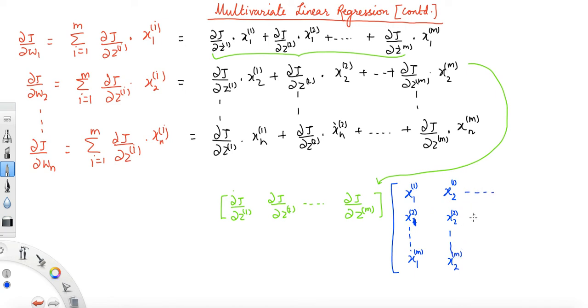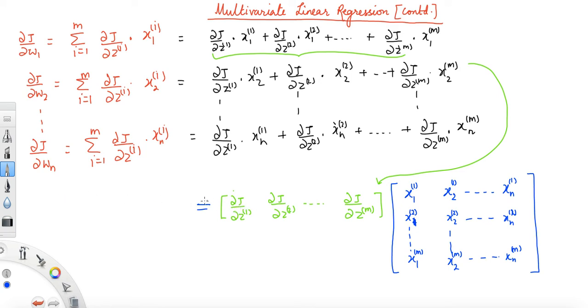And for the nth feature, we have xn, xn, and xn for the first training example, second training example, sorry, and the mth training example. So this is all about compressing n equations into this form, right?